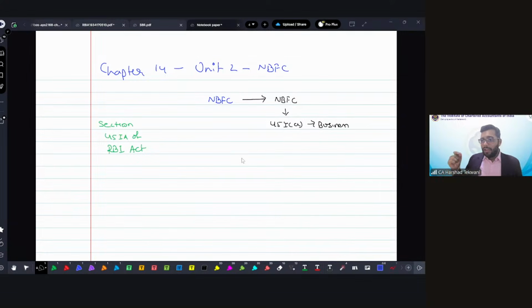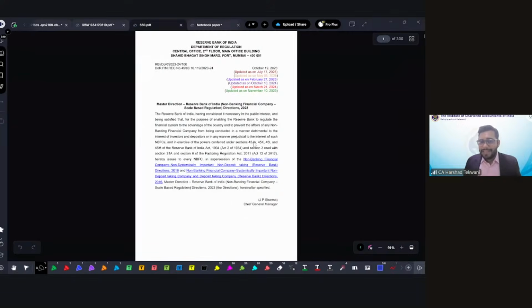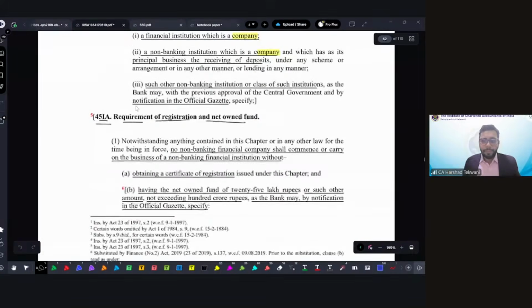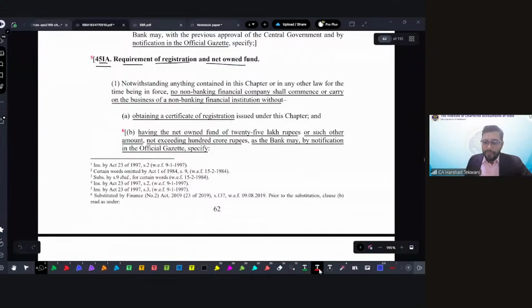Now, you carry on the business as specified in 45IA plus net own funds, the limit as may be prescribed. Again, the section itself says having net own funds of 25 lakh rupees or such other amount not exceeding 100 crore.